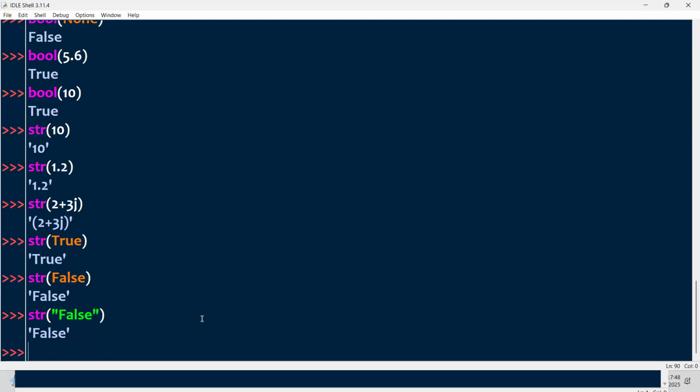How many said this? Okay. Why false? Tell me. Someone has given out because it's already a string.